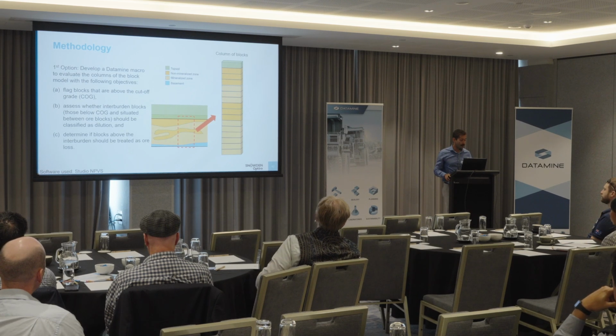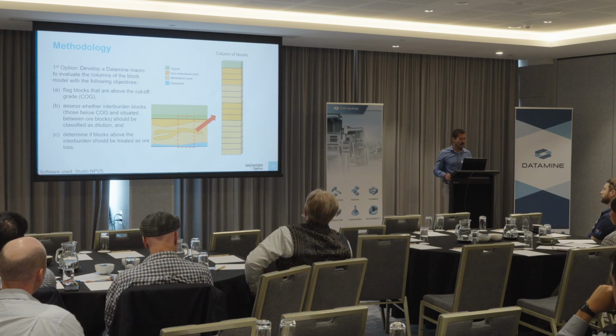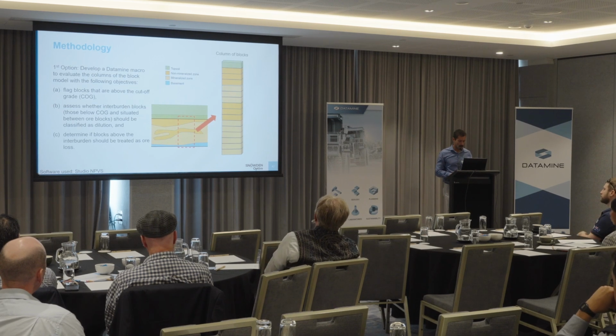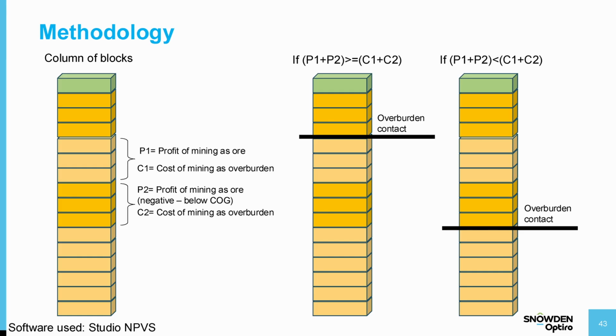With that, we could replicate these calculations for all the columns of the block model. Basically, the first portion has P1 and C1, where we have the ore above the cutoff grade.